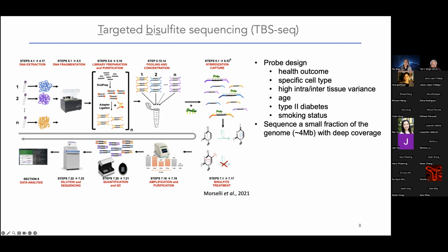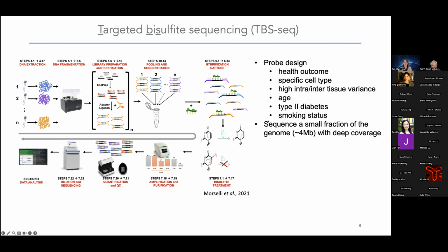But after this, we add one more step, called hybridization capture. In this step, we put in probes, which are single-strand RNA labeled with biotin. These probes will hybridize with the regions complementary to them. And once hybridized, they can go through the bisulfite conversion, we'll talk about this later, to measure whether the cytosine is methylated or not. After this, we sequence them, get the data, and analyze it.